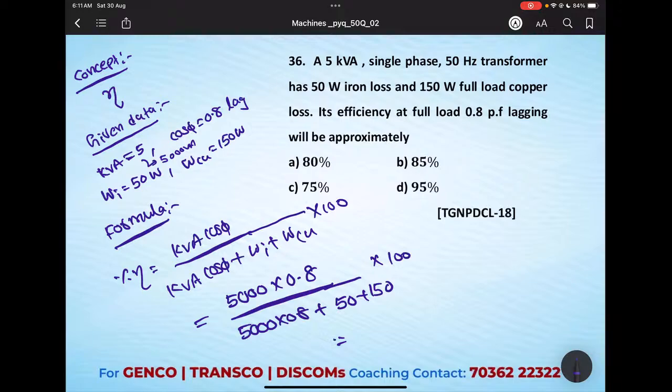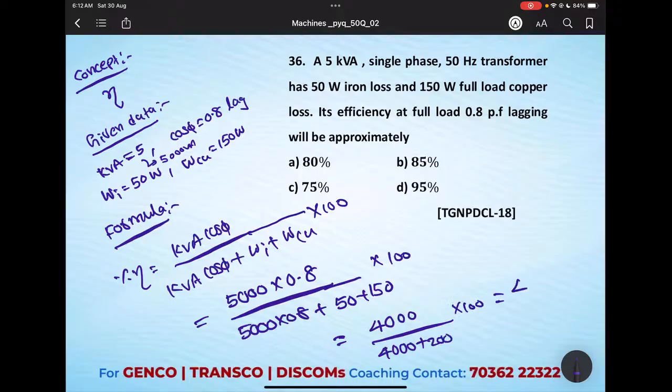Let's do the calculation. So it will come around 4000 divided by 4000 plus 200, into 100.